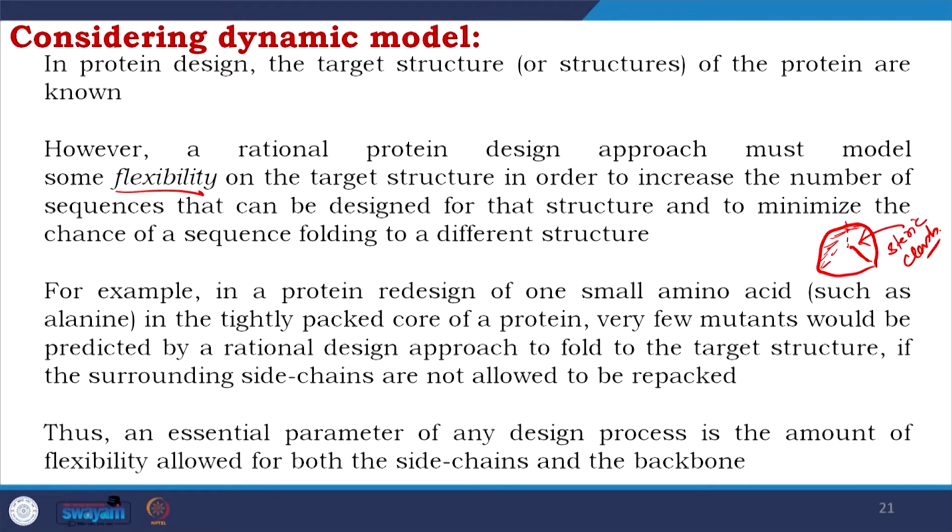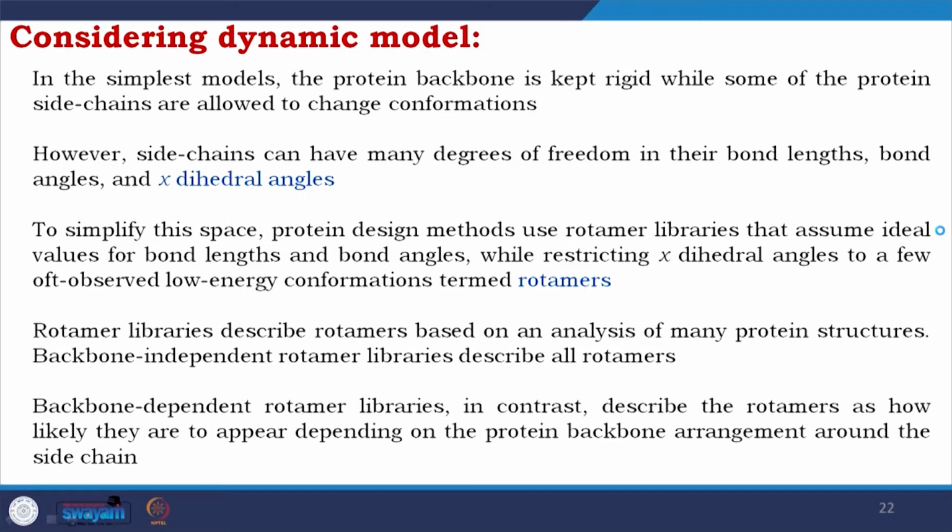Thus, an essential parameter of any design process is the amount of flexibility or the dynamicity allowed for both the side chains and the backbone. If we have a dynamic model, the designing would be much more accurate. In the simplest model, the protein backbone is kept rigid, while some of the protein side chains are allowed to change conformations.